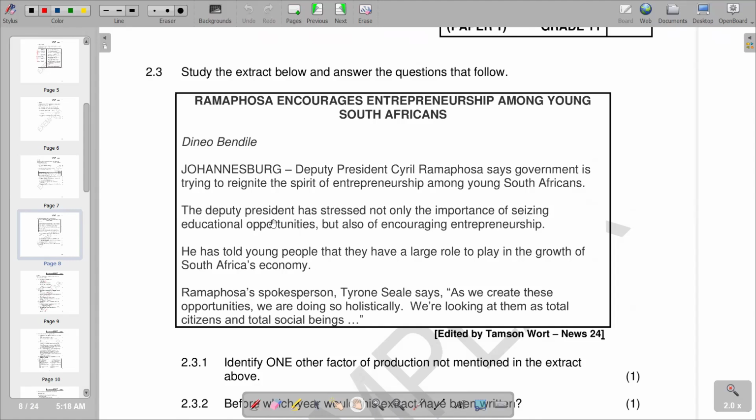The Deputy President has stressed not only the importance of seizing educational opportunities, but also of encouraging entrepreneurship. He has told young people that they have a large role to play in the growth of South Africa's economy. Ramaphosa's spokesperson says, as we create these opportunities, we are doing so holistically. We are looking at them as total citizens and total social beings. So this is the extract that we are given.